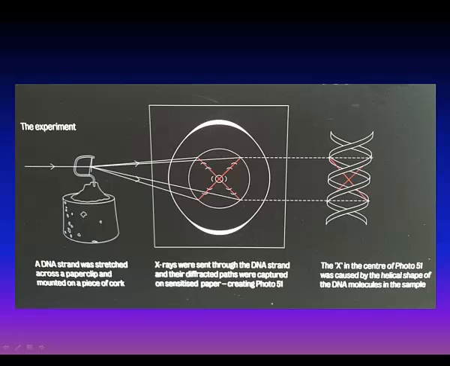This is precisely what was done to generate photograph 51. This slide shows the experiment. It shows a DNA strand stretched across a paper clip and mounted on a piece of cork. That is really a DNA crystal that was stretched across there. The X-rays were sent through it, and then you got this X-like pattern.